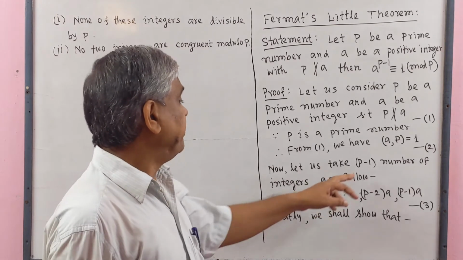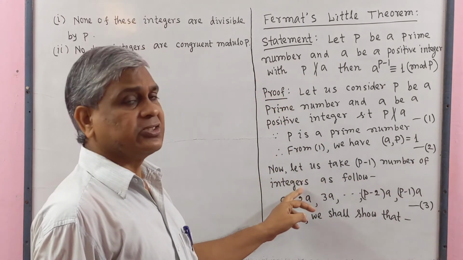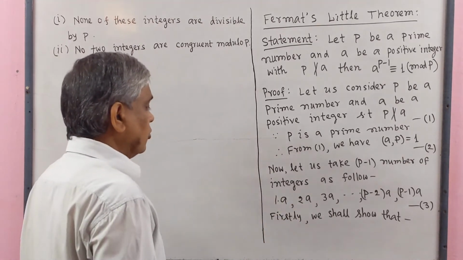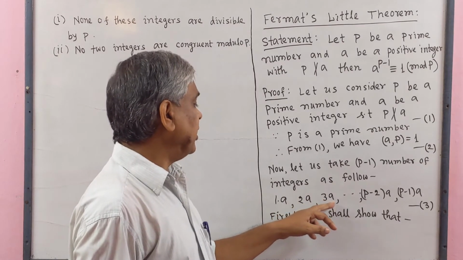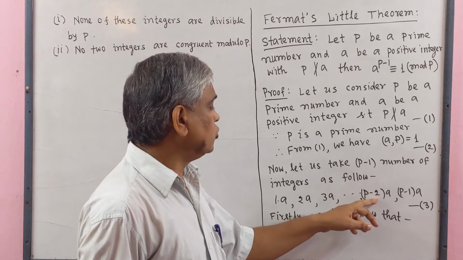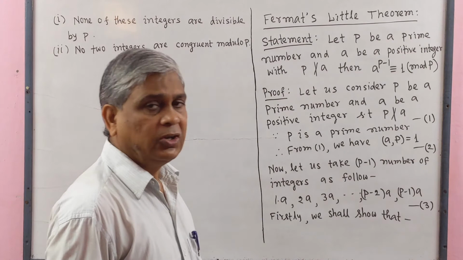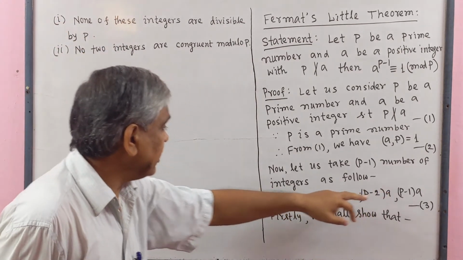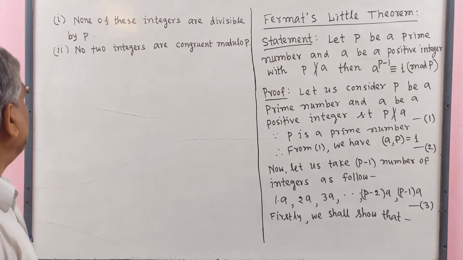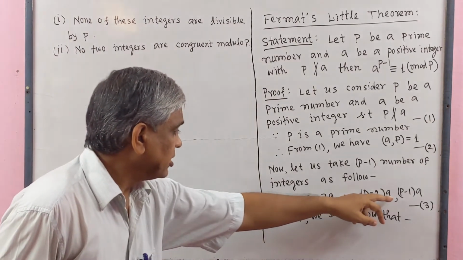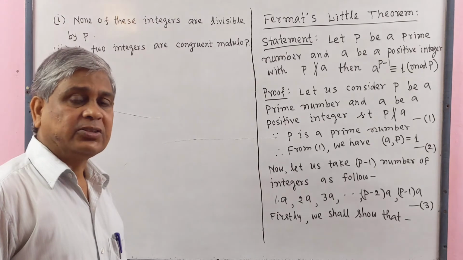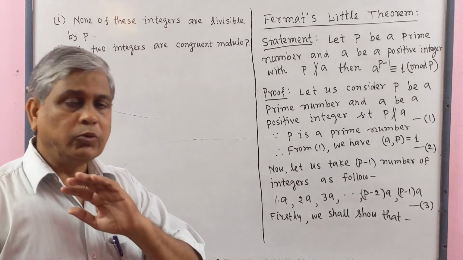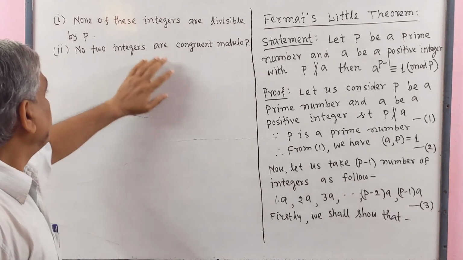Now let us take P minus 1 numbers of integers as follow. 1 multiply A, comma 2 multiply A, comma 3 multiply A, dot, dot, P minus 2 multiply A, P minus 1 multiply A. Firstly, we shall show that number 1, none of these integers are divisible by P. Number 2, no two integers are congruent modulo P. That means if we divide any two integers by P, we may not get the same remainder. Firstly, we prove these two.